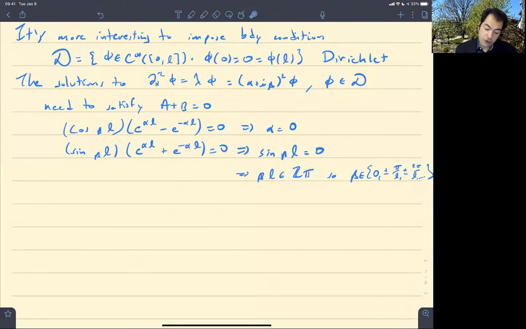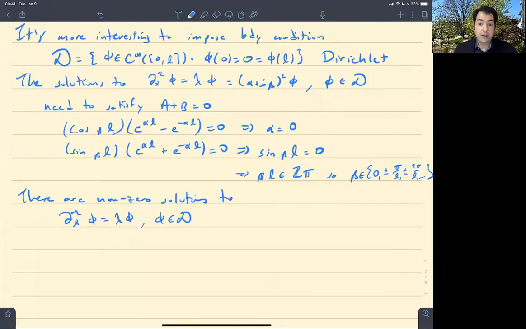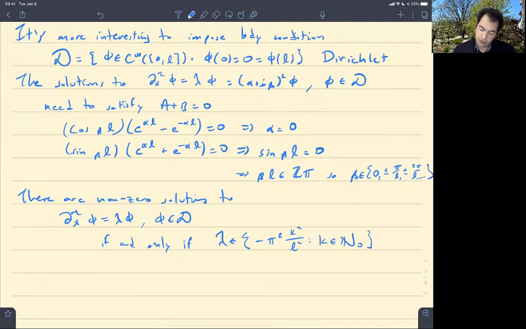So coming back to our initial equation, we see that there are non-zero solutions to Laplacian of phi equal to lambda phi, with phi in D, the smooth functions satisfying Dirichlet boundary conditions, if and only if lambda is in the set minus pi squared k squared over L squared, with k a natural number or 0.